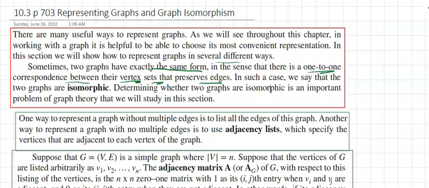But you're pretty much worried about, can I have a one-to-one correspondence between the vertices and the edges? In such a case, we say that the two graphs are isomorphic. Determining whether two graphs are isomorphic is an important problem of graph theory that we will study in this section.